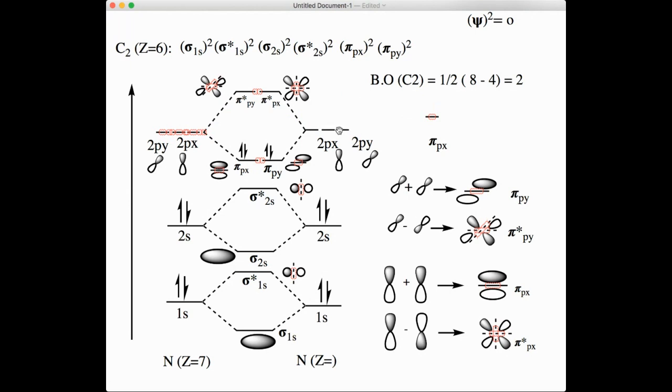All right, so this is good. And now we just have to add one more. So we have the 2py, the 2px, and the last one here, which is also, once again, 90-degree angle from the other two, right? Remember that.